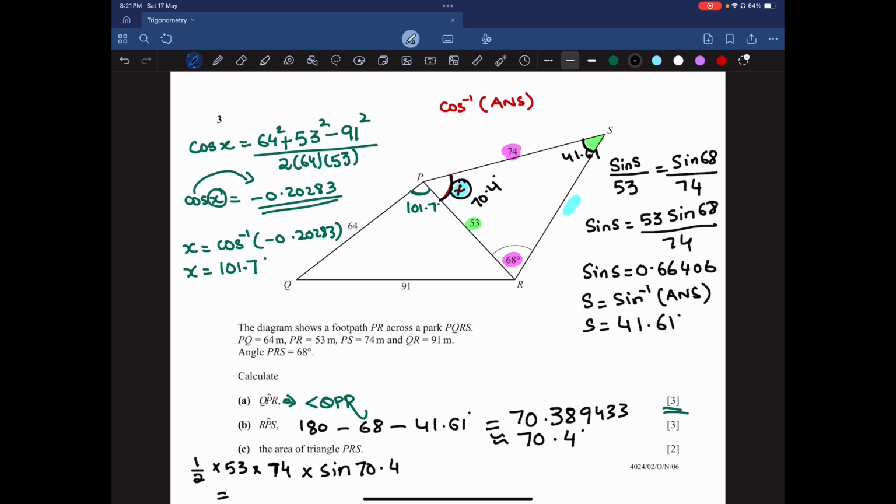I'm just going to take sine of answer into 74 into 53 divided by 2, which gives me 1847.2533 meters square, which is approximately equal to 1847 meters square.